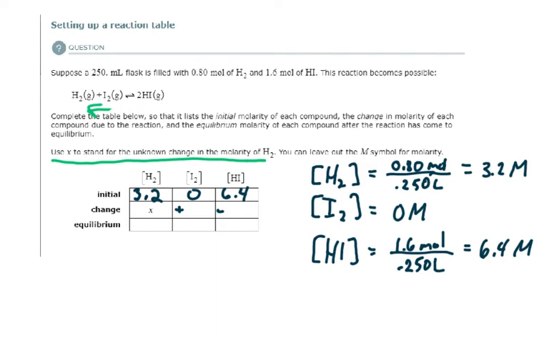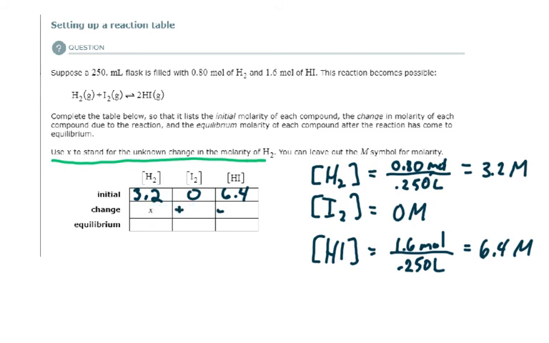Okay? Favored in that direction. So what is X? Again, it represents the change in concentration, some unknown amount that we have to use algebra to find. If I look at the stoichiometry, the change in concentration is just X for H2. What will it be for I2?